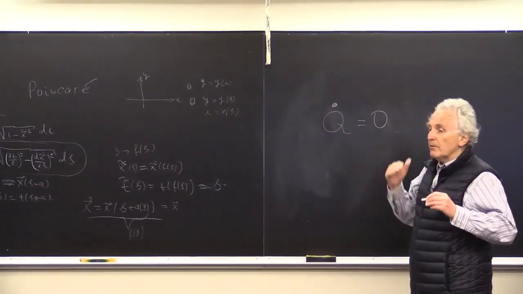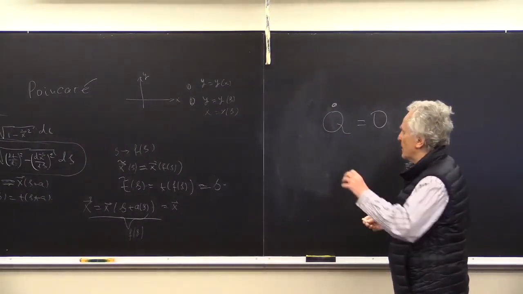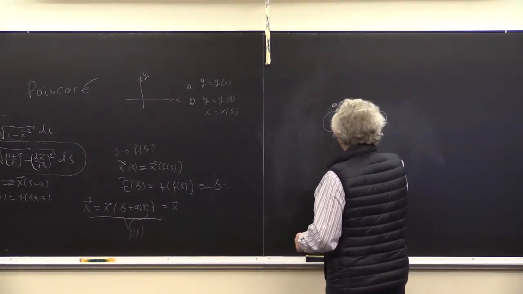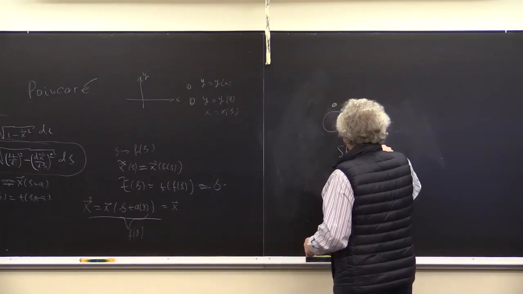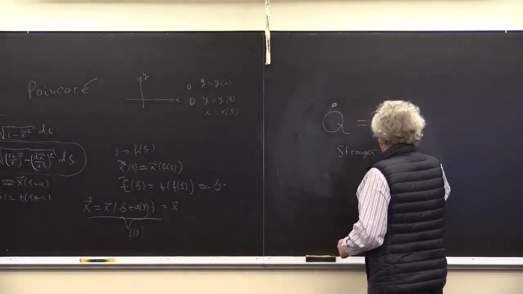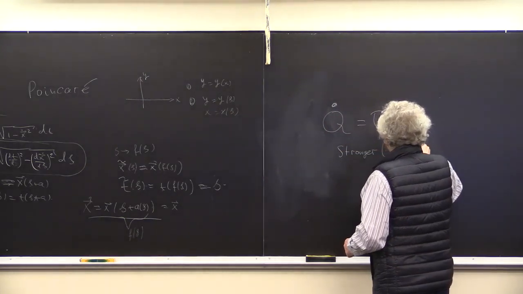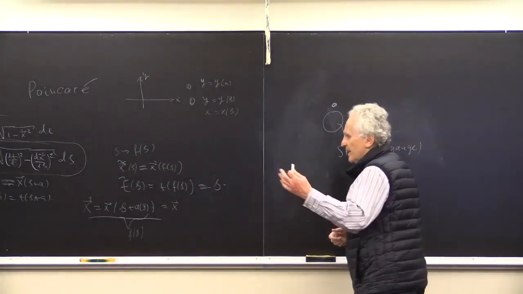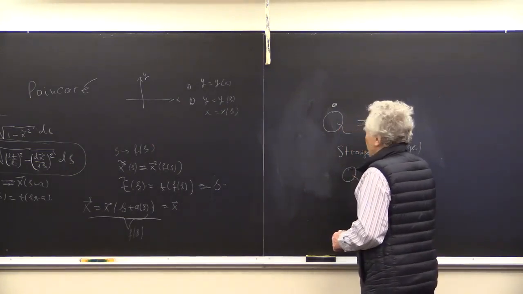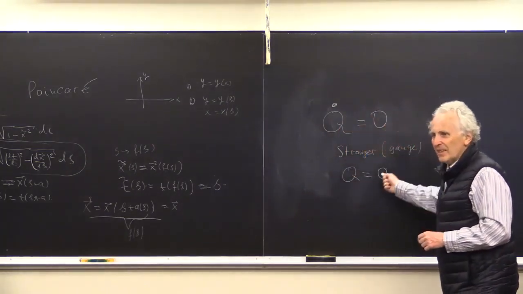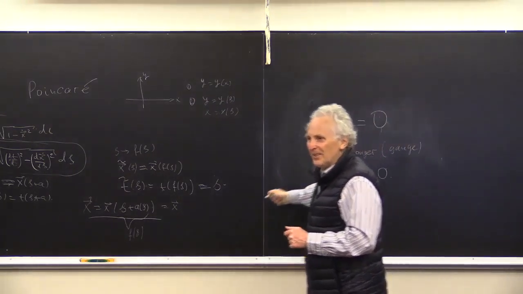Now, when you have a stronger symmetry, which is coordinate dependent, it's not that it gives no consequences. It gives you the consequence that q is equal to 0. And that's a stronger statement than q dot is equal to 0.